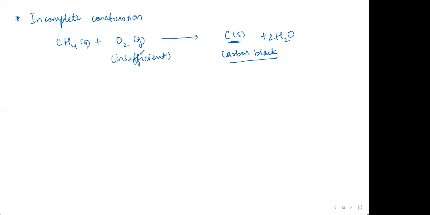But if you're doing it in a reaction vessel or a closed vessel, like a closed stove, where the amount of oxygen is being cut off, or let's say you're passing your alkane through it, and there's just a tiny opening for air to get through, there's not enough oxygen being available because it's all completely closed.